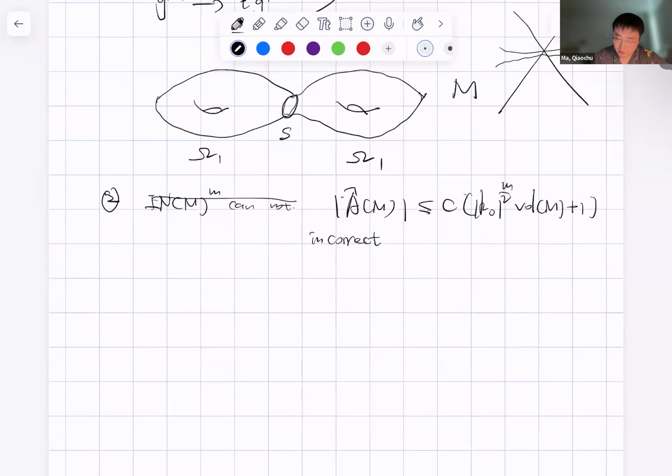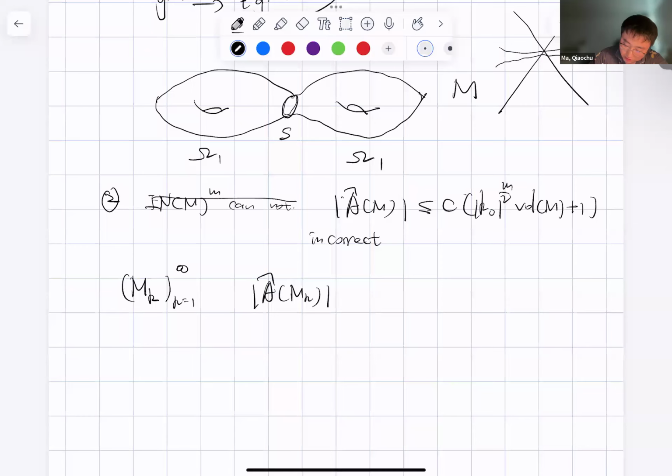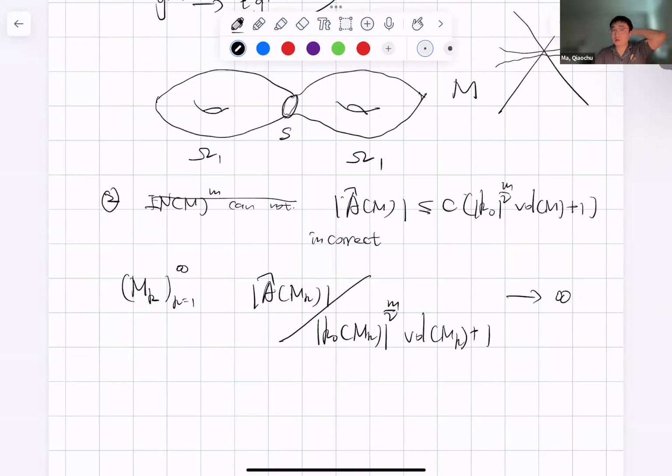Indeed, we can find a sequence of, let's put a parameter k, we can find a sequence of manifolds with the same dimension such that they have A hat genus over k0 and h, and k, which goes to infinity.